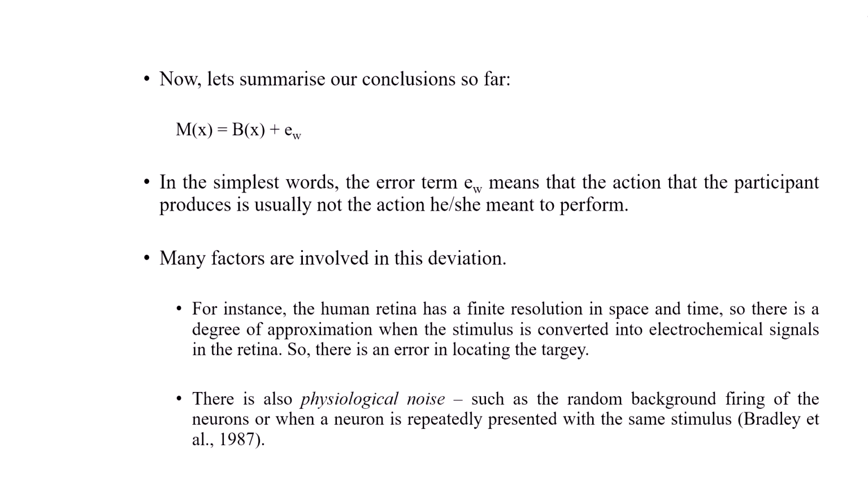Now, what do we have here? What are we studying through this one trial? M of x is basically B of x, whatever mental processes happened, whatever cognitive processes took place, plus an error component. Because again, we are not ideal executors of behavior.